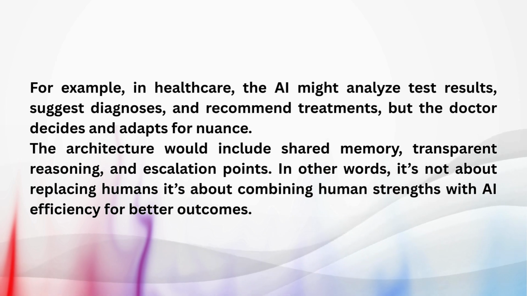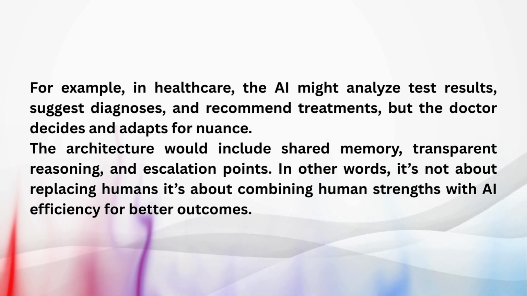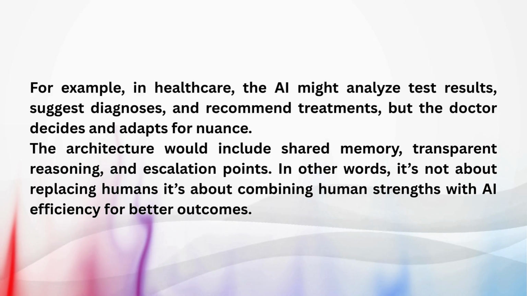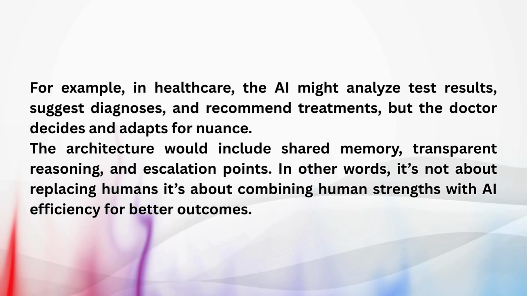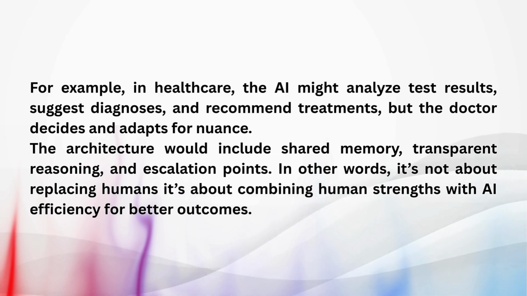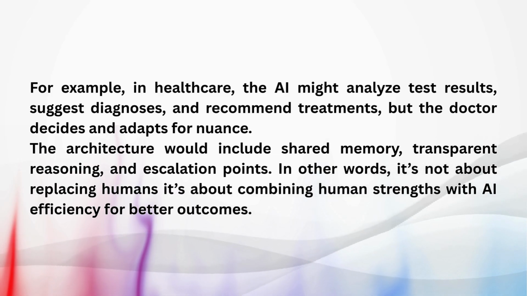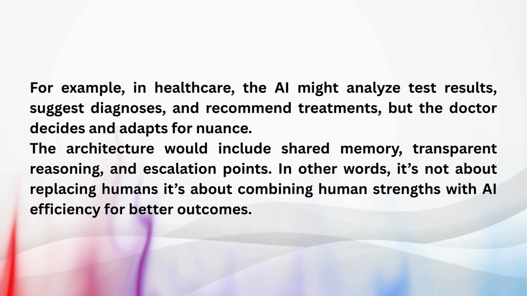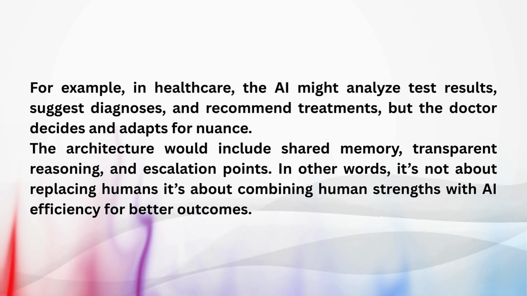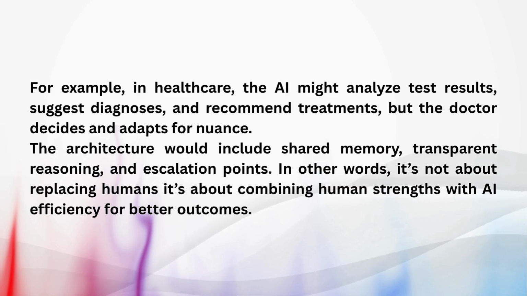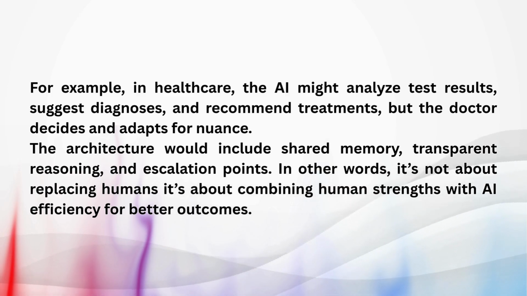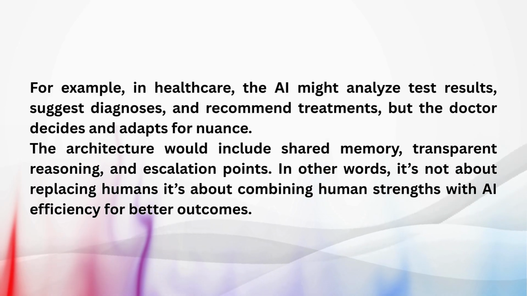For example, in healthcare, the AI might analyze test results, suggest diagnoses, and recommend treatments, but the doctor decides and adapts for nuance. The architecture would include shared memory, transparent reasoning, and escalation points. In other words, it's not about replacing humans. It's about combining human strengths with AI efficiency for better outcomes.